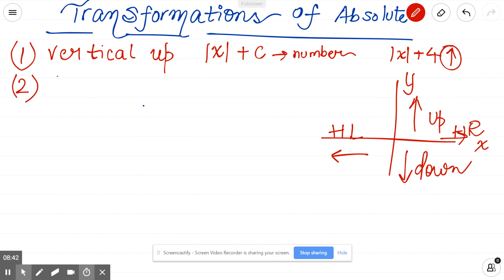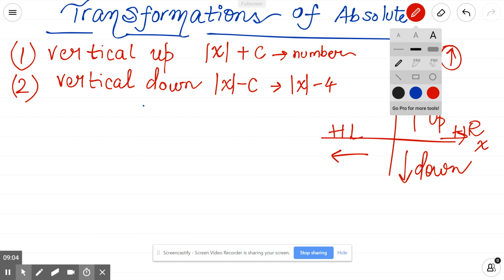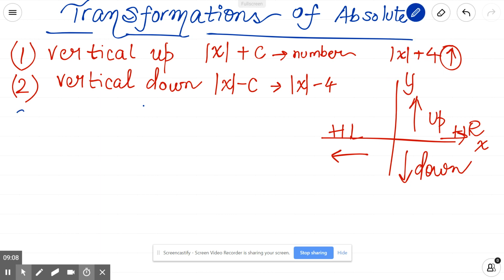Next up, if I have vertical down, absolute value of x minus c. Now that's my function, but I'm subtracting a number from it. So c is a number, and then I can have an example, absolute value of x minus 4. Our graph is going to come down. And we'll do more examples like these, on Desmos soon, so things should be better for you.